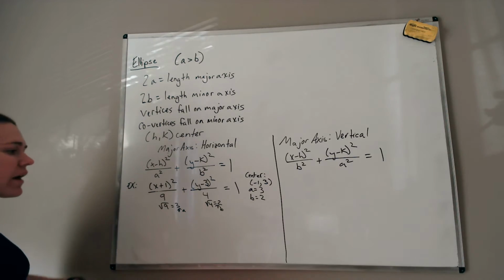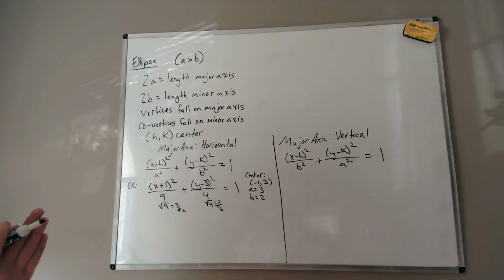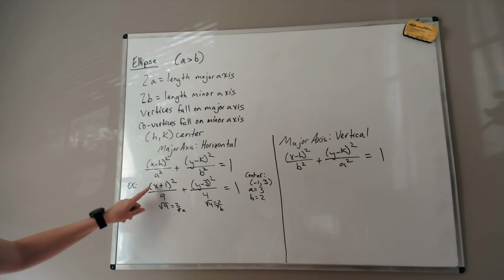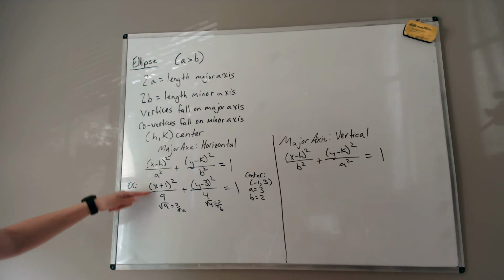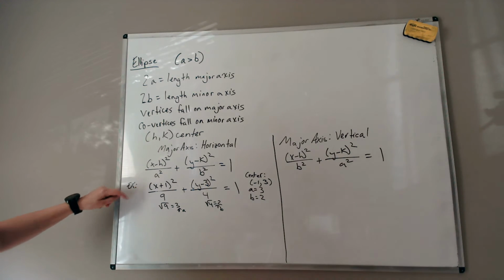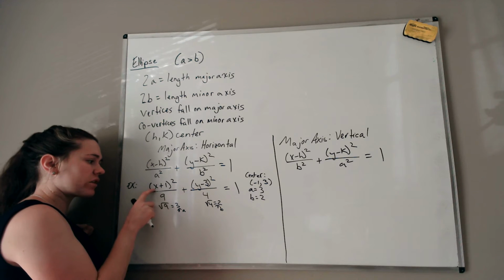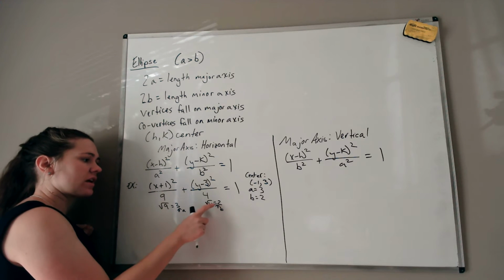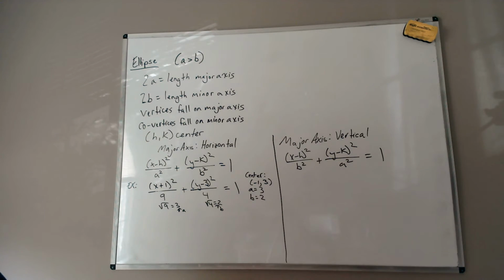And now, where is a? A is under x. That means that this is going to be longer horizontally, because whatever you're above, if you're above x, double this is the length of the horizontal axis, because x opens horizontally. Double this is the length of the vertical axis.